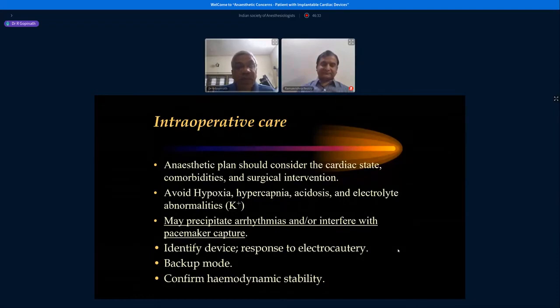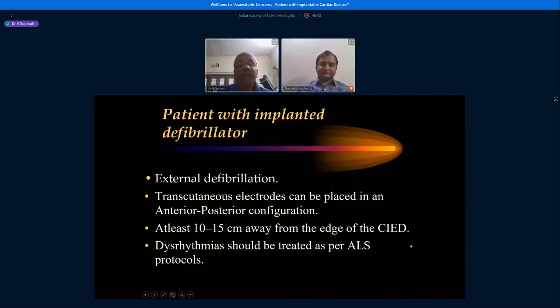Like I said, you identify the device and know how it will respond to electrocautery, keep up the backup mode, and confirm the hemodynamic stability of the patient. In patients with implantable defibrillators, you should always keep an external defibrillator available, preferably with transcutaneous paddles. Transcutaneous electrodes are kept in an anterior-posterior configuration.